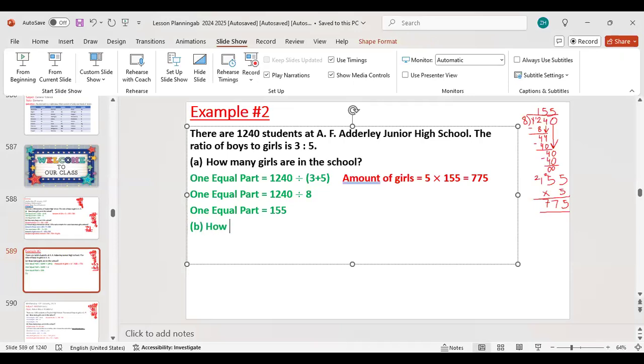And B is how many boys are in the school?